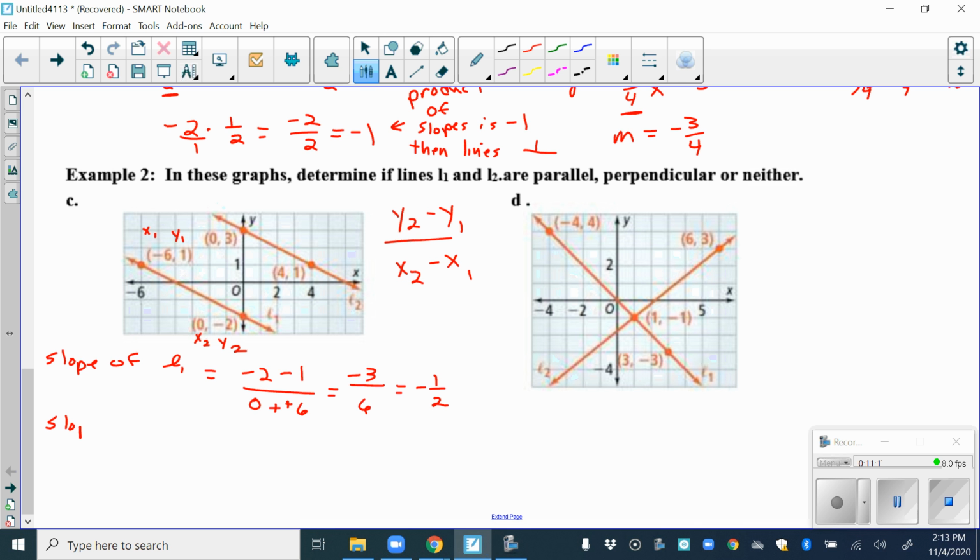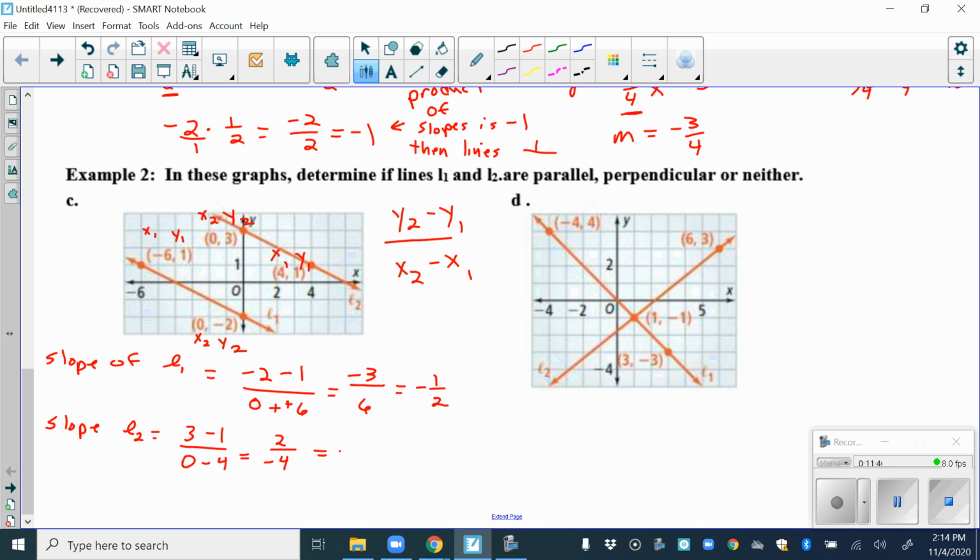Now, the slope of line 2. Line 2, if I do, this could be my x1, y1. This could be my x2, y2. So y2 would be 3 minus y1 over x2 is 0 minus x1 is 4. 3 minus 1 is 2. 0 minus 4 is negative 4.